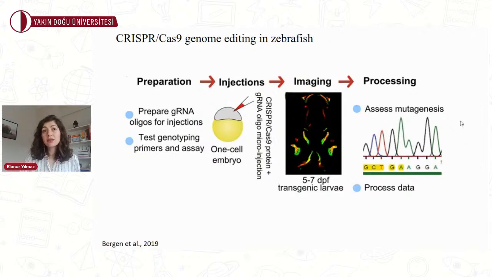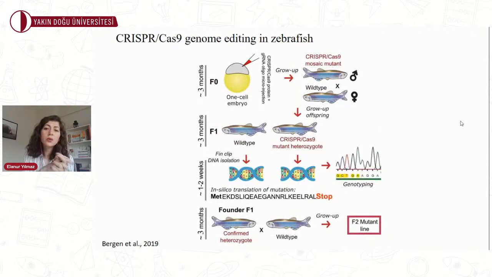For example, you can check the efficiency of injection under the microscope, in addition to mutagenesis assessments such as melting, fragment analysis, or sequencing analysis. These methods will determine a quantified mutagenesis rate, which can be correlated to a phenotype. So here you can also see how we can follow up the process.